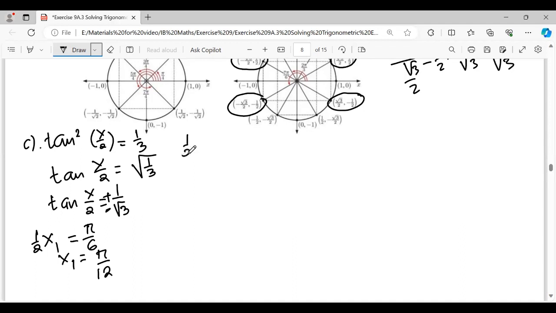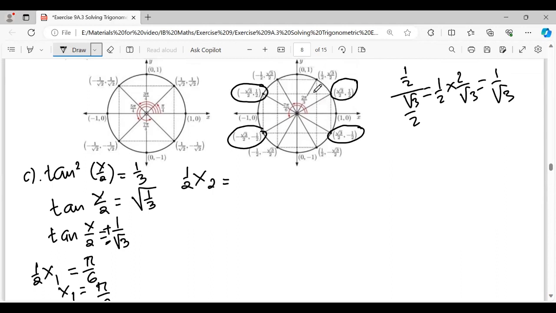For x2, half x2, this one, I'm going to check this: 1, 2, 3, 4, 5. Yeah, 5 pi over 6.